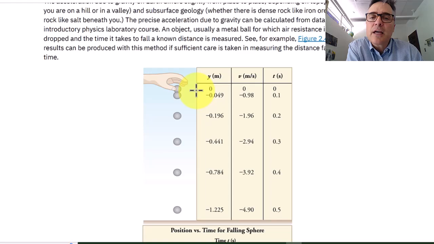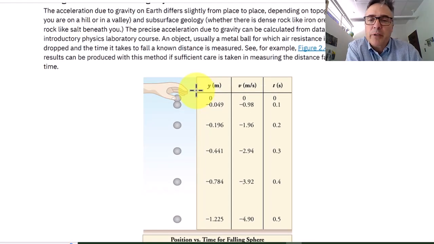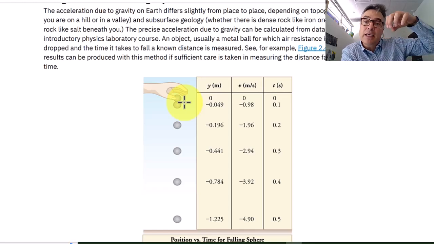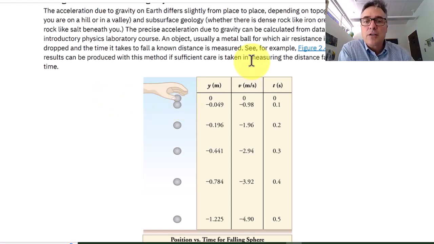So here is a metal ball, which has very negligible air resistance on it, and is released from rest, meaning that someone lets it go without throwing it up or down, but just releases it gently from rest. You can define your initial y position as being 0.